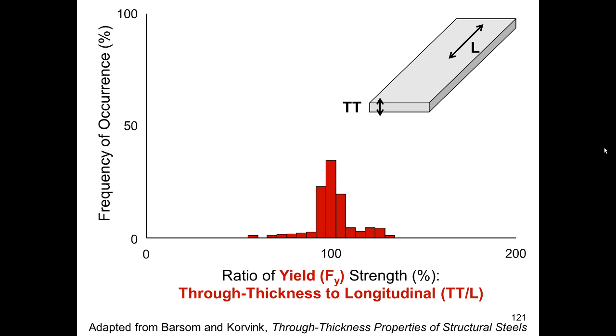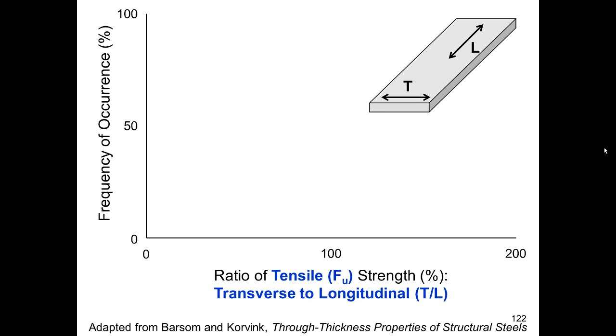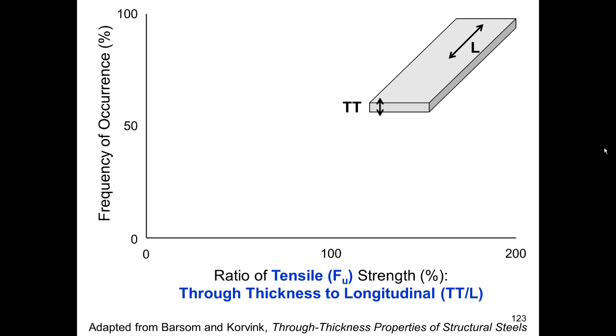And that's yield. Next, we look at tensile. First, transverse to longitudinal, and we don't have a lot of variation in that case. Next, we'll look at the ultimate in terms of through thickness to longitudinal. And we pick up, again, more variation where it's skewed to the lower end on the left, as you can see.